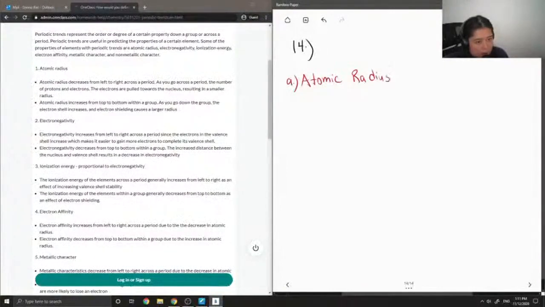So as you can expect, atomic radius is the radius of an atom. So let's say for sodium, there are 11 electrons. So I'm going to write out its diagram.